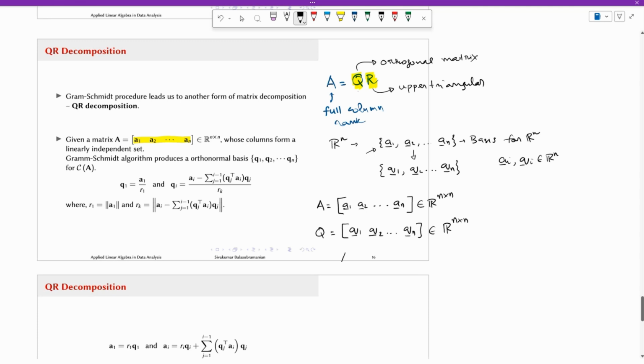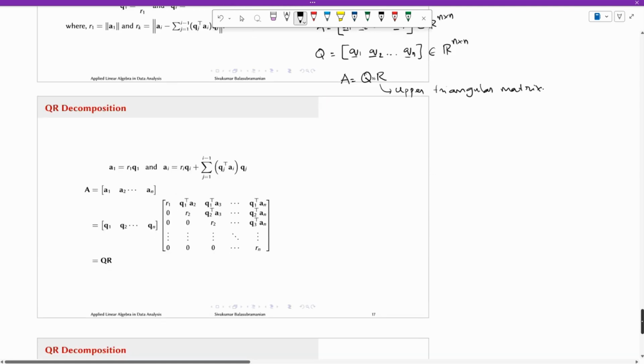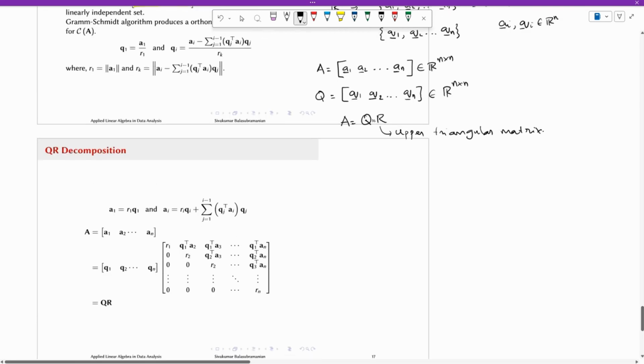It turns out that both of these would be related like this through an upper triangular matrix R. So here I'm essentially showing what the elements of the matrices will be.